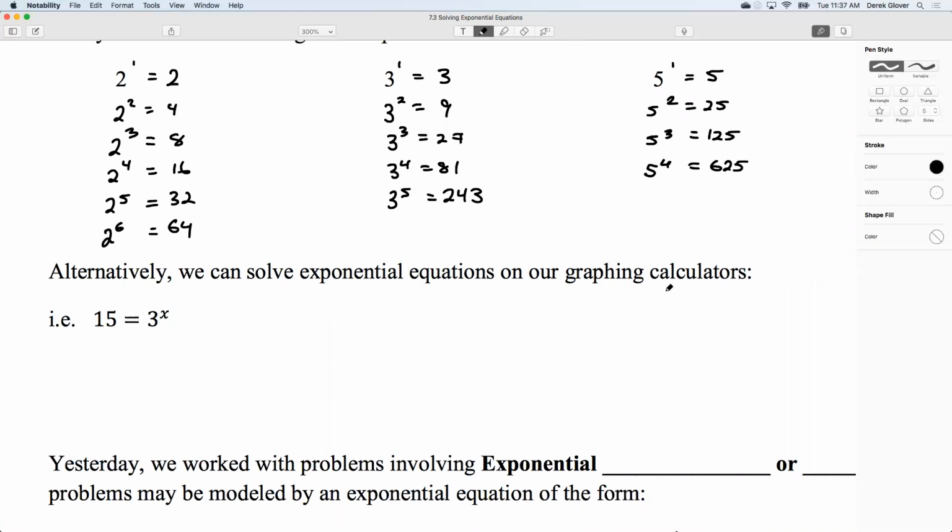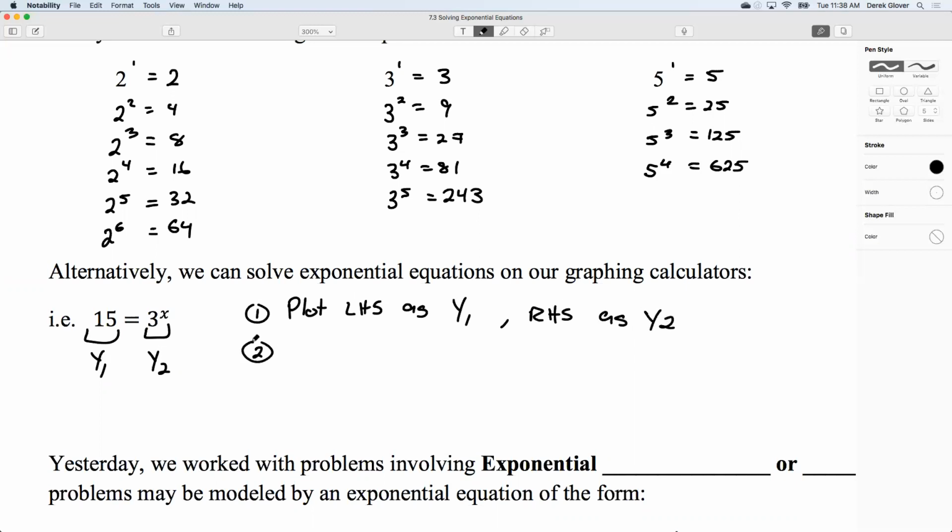So alternatively, we could solve exponentials on our graphing calculators. If we're going to do this, there's a couple of ways we could do this. We could simply plot one function as y1, plot the other function as y2, and find the intersect. So step 1 would be to plot the left-hand side as y1 and the right-hand side as y2.